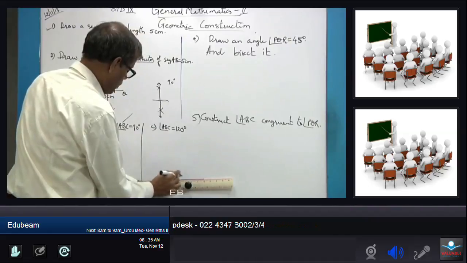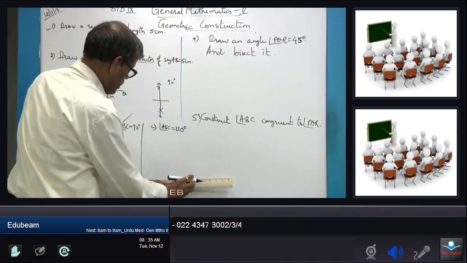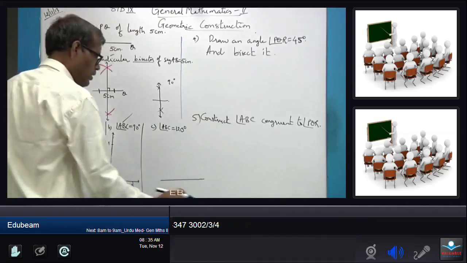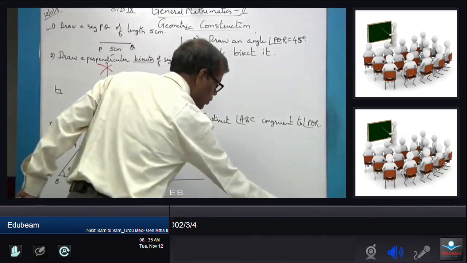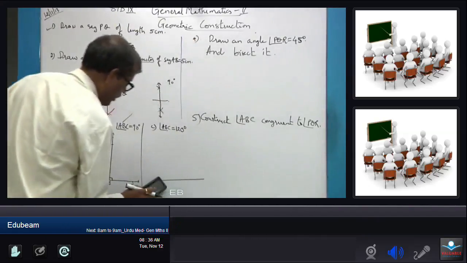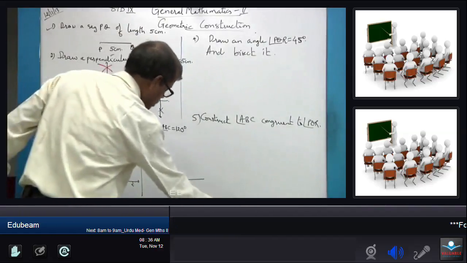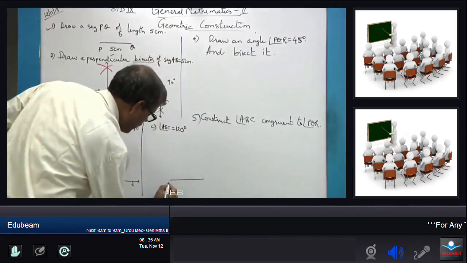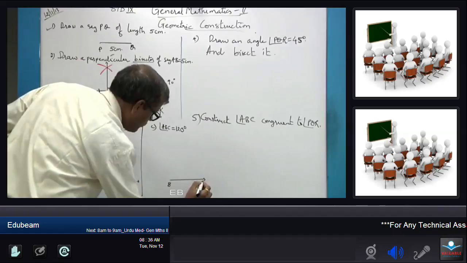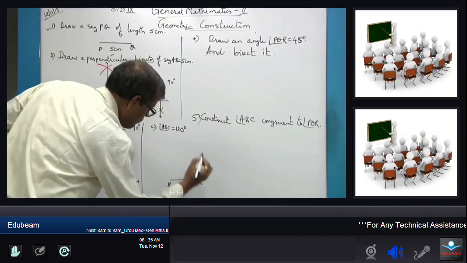Now you have to bisect it. Bisect it means divide it into two parts, two sections. So with a compass, you're going to keep a little bigger, not very small also, so that you don't turn it.